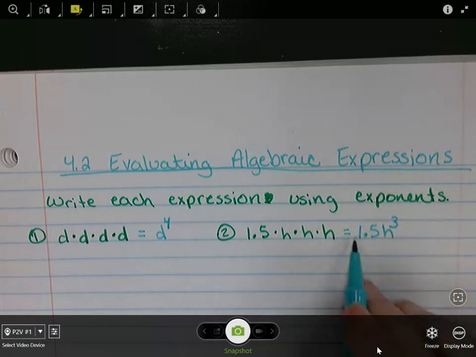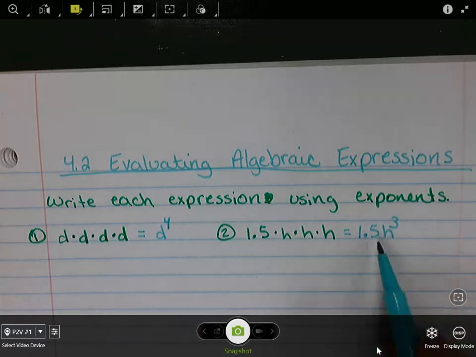So it'd be 1 and 5/10 times h to the third. Notice I didn't put a multiplication symbol in the middle. As we saw yesterday and the day before when we were talking about terms, whenever you have a number times a variable, you don't have to put the multiplication sign in the middle. You just put them right next to each other, and we automatically know that it means to multiply.